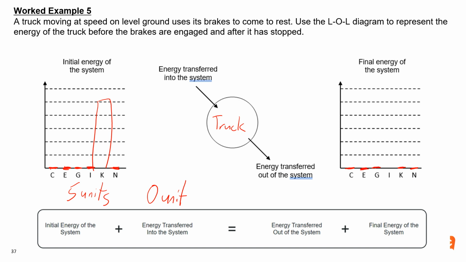So let's say I transfer 3 units out via heat and sound, and our final energy must therefore be 2 units. So I put 2 units in my internal store at the end. You can see over here that even though the initial and final energy are not the same, the difference is accounted for by the energy transferred out of the system.